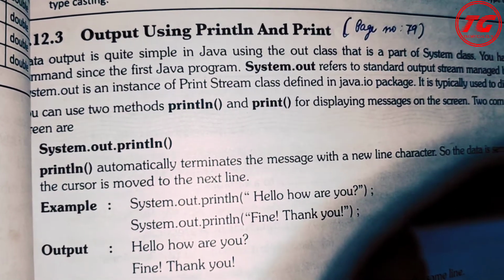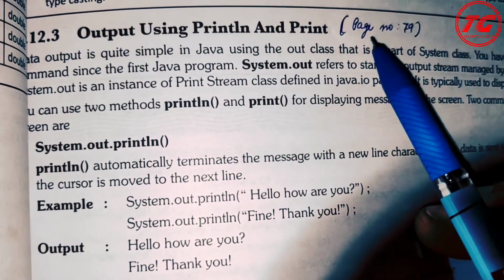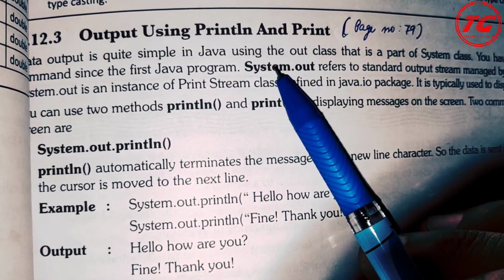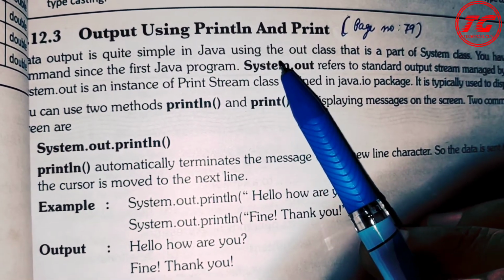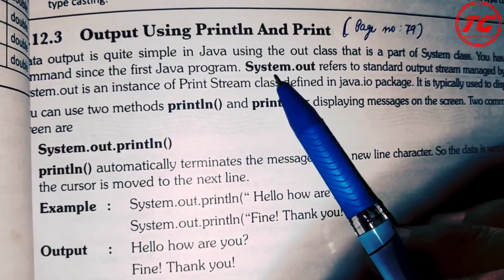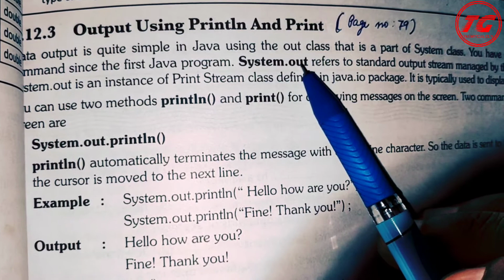Whenever you want to print something in the Java program, you can write this statement within the method, like System.out. System is an inbuilt class in Java and out means output stream.